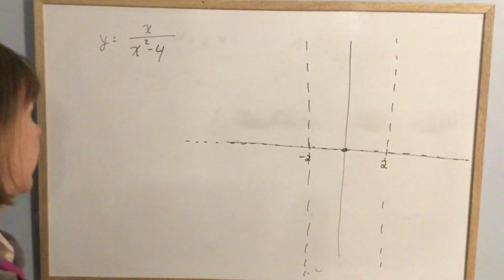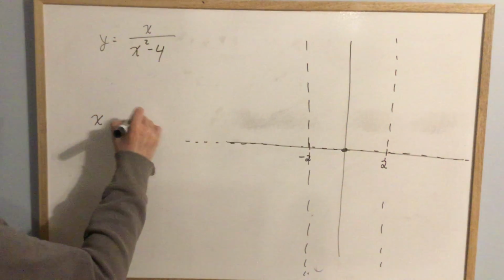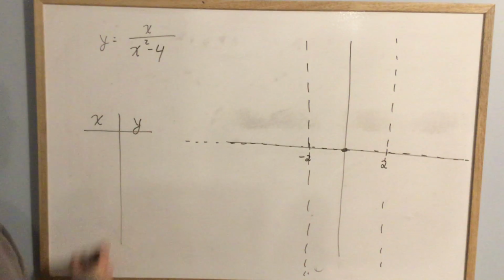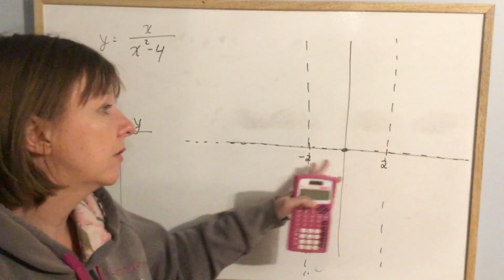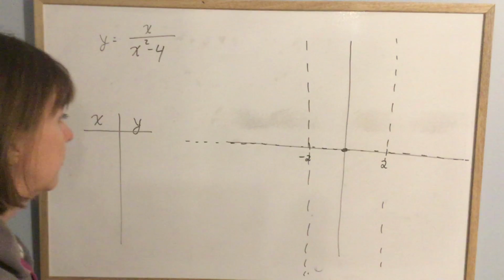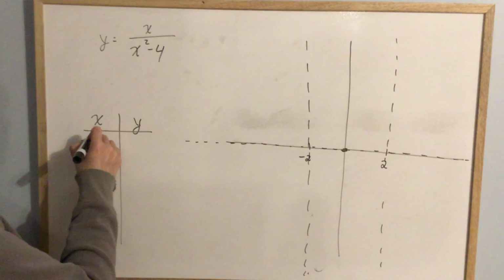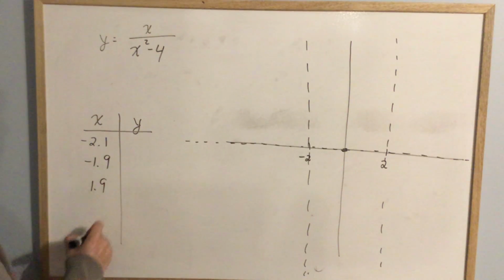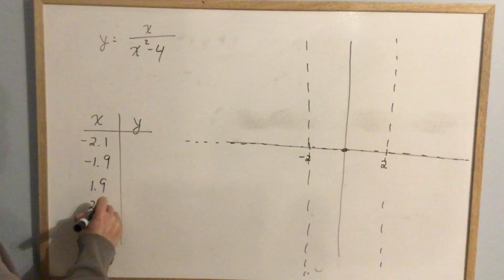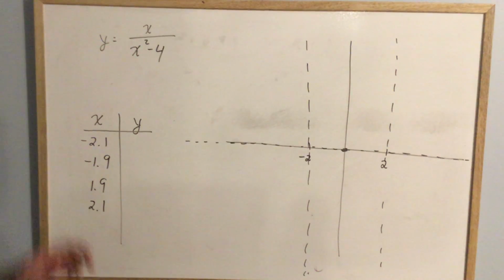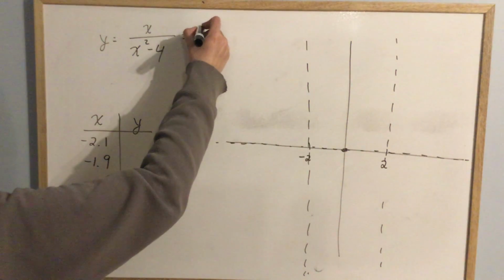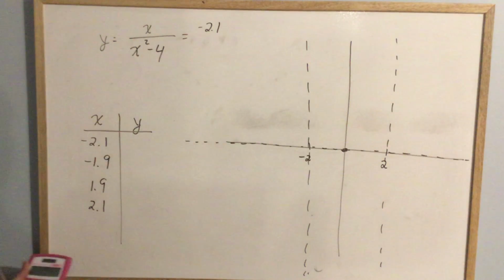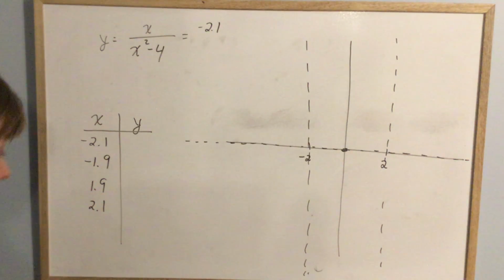So now I'm going to do a quick table of values, but that quick table of values is going to just be surrounding these vertical asymptotes. So I'm going to do -2.1, I'm going to do -1.9, I'm going to do +1.9, and I'm going to do +2.1. If I do -2.1, I have -2.1 and -2.1 squared minus 4.